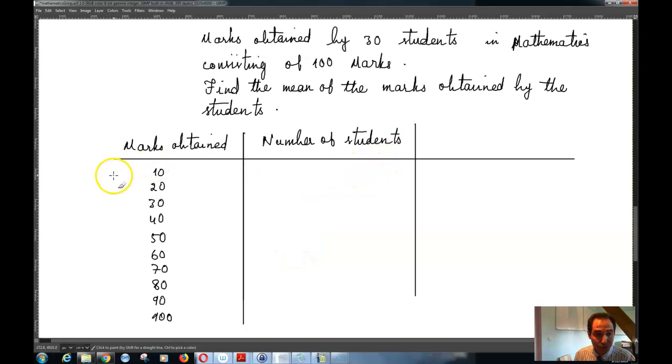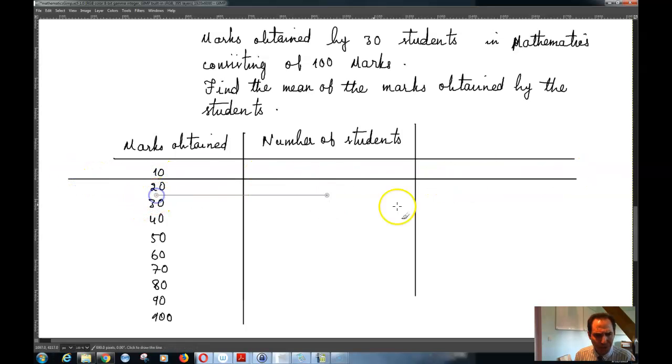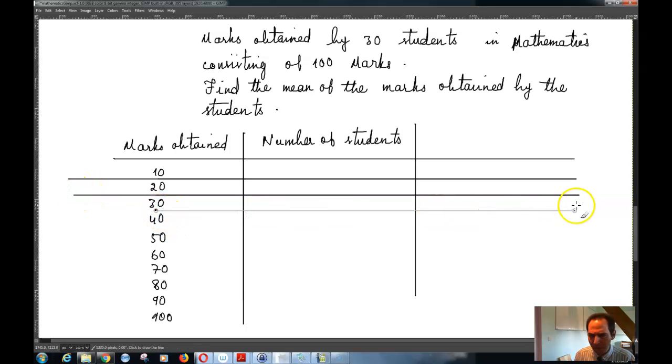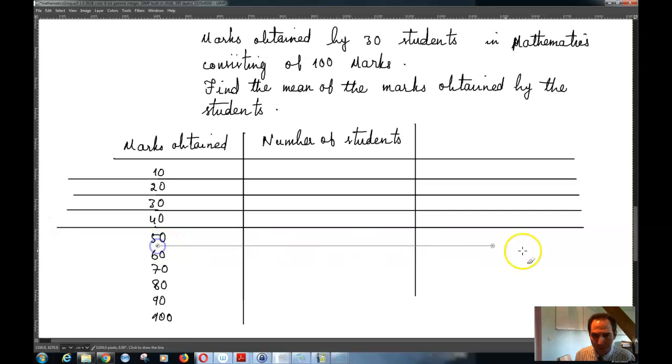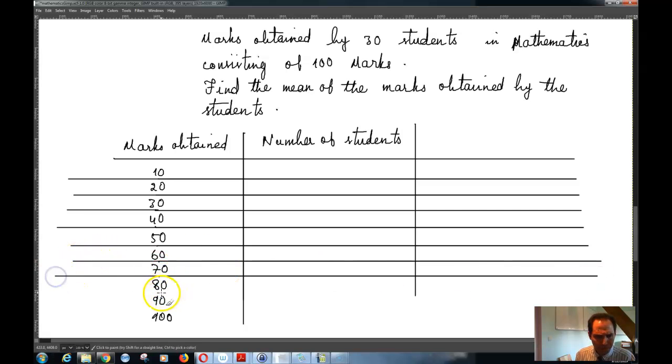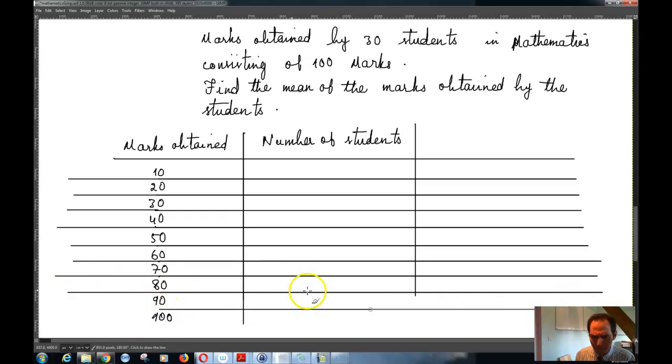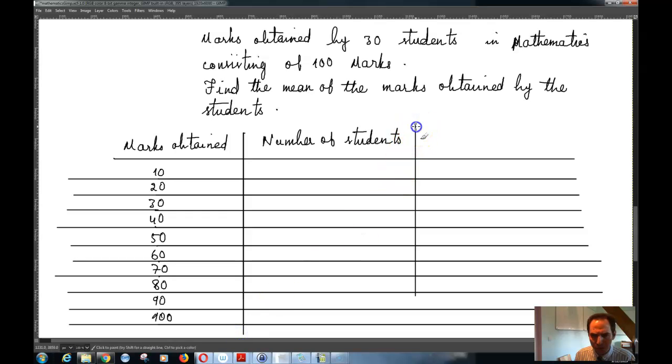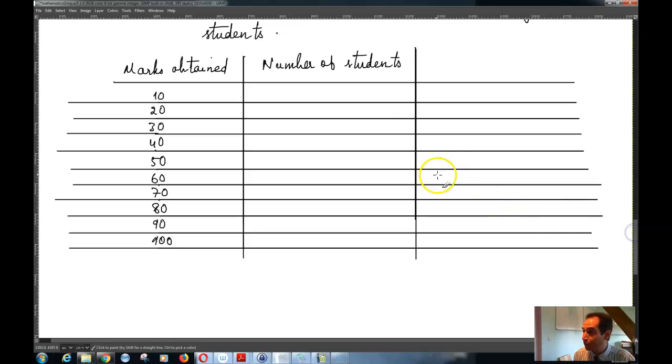The number of students who got those marks were respectively 1, 1, 3, 4, 3, 2, 4, 4, 1, 1.